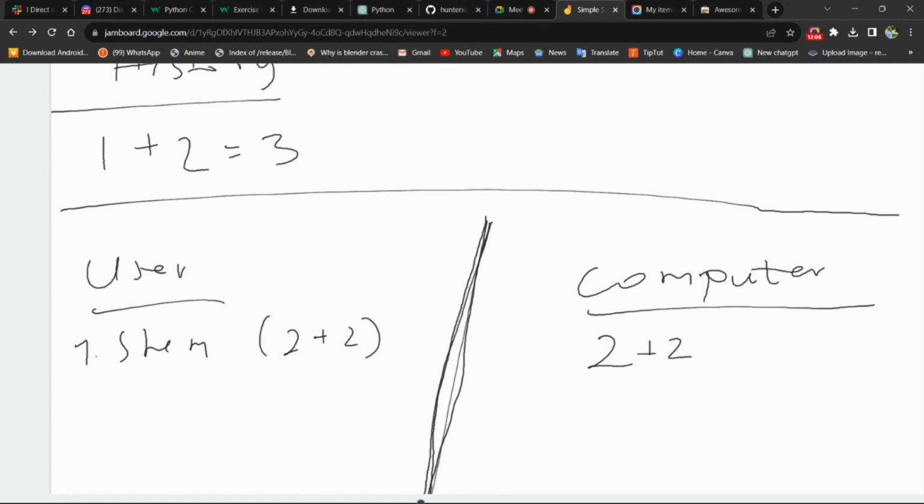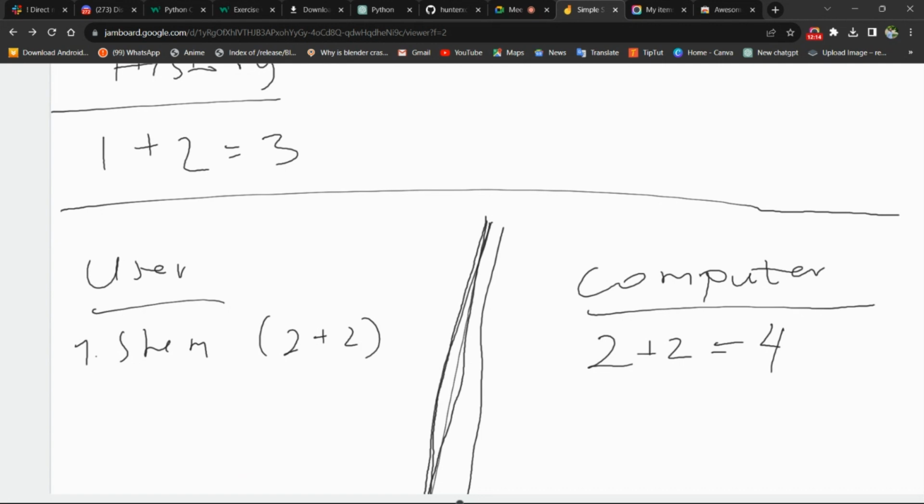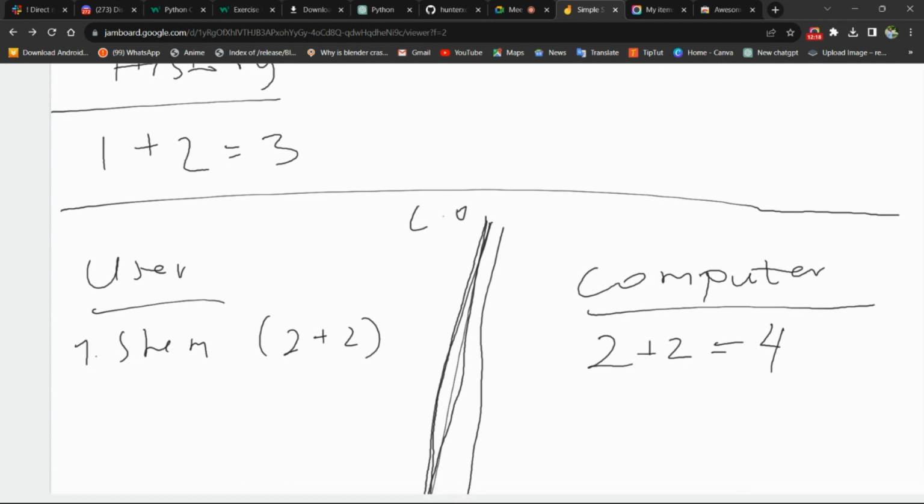When it finishes running, the person in between, the bridge here, the computer operator, let me just say CO, has to find a way at the end of the day to communicate it back to the user. He's going to tell the user, Shem, the code or the program you wrote, the task you asked the computer to do, your answer is 4. So that is what happened in those times.